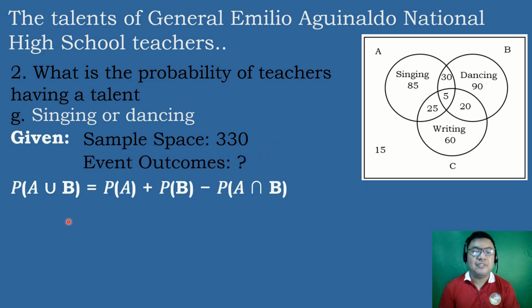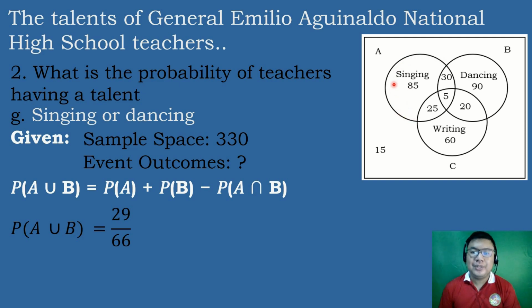We will be using the formula of probability of union of two events, wherein probability of event A plus probability of event B minus probability of event A intersection B. And we will be substituting the corresponding value, and we will be getting first the probability of A, in which to get the probability of A, we will look at this circle, and we have already computed it on our earlier example.